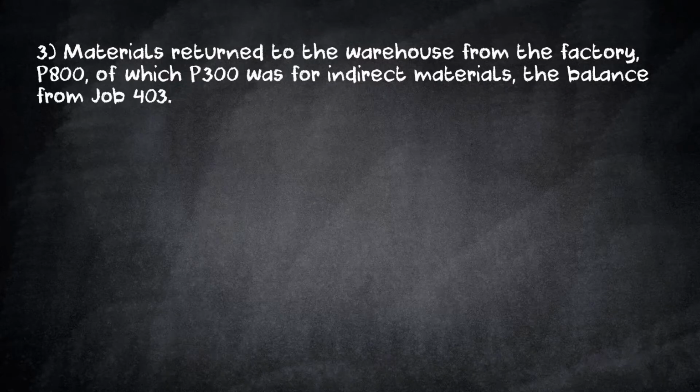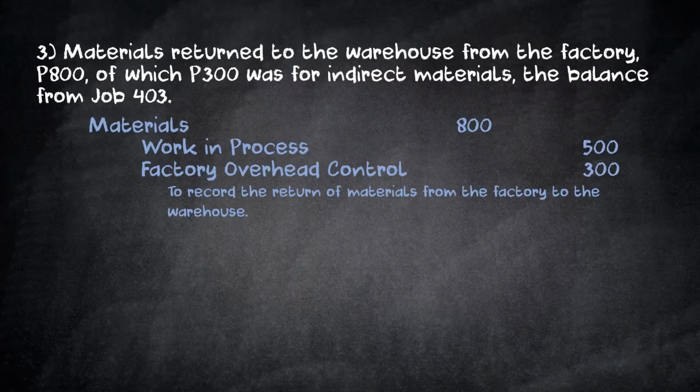So, in this type of transaction, ang mindset nyo dapat is bawasan kung anong dapat bawasan at dagdagan kung anong dapat dagdagan. Let's apply. Ayan, makikita nyo na nag-debit tayo ulit sa materials for 800. Kasi nga, di ba, nagbalik daw ng materials, so in that case, madadagdagan ulit ang ating materials. For the total of 800.